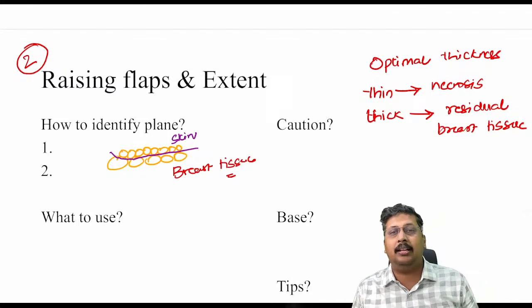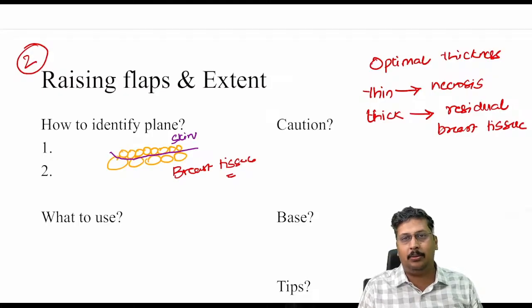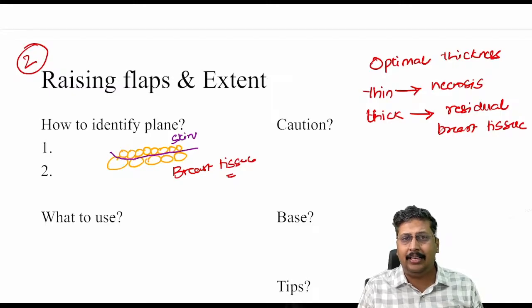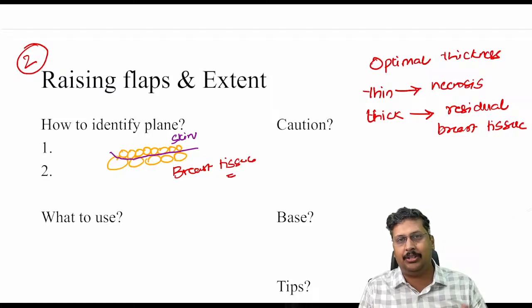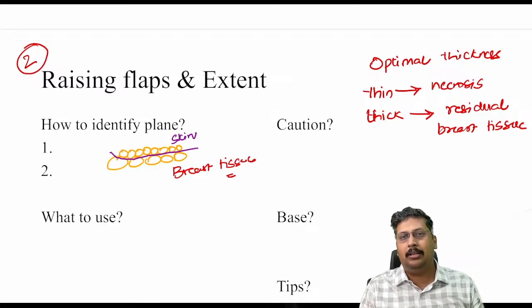So practically, how do you see this? Practically, the best way to identify this plane and to have a very good thickness is to understand the anatomical relationships of the breast tissue with the subcutaneous tissue. The ideal skin thickness is the one where the subdermal blood vessels will be taken onto the skin flap, not into the breast tissue.